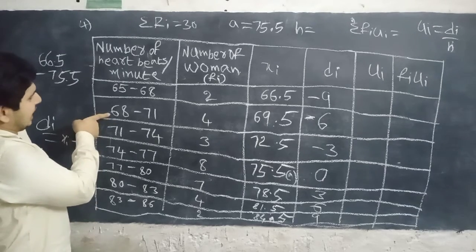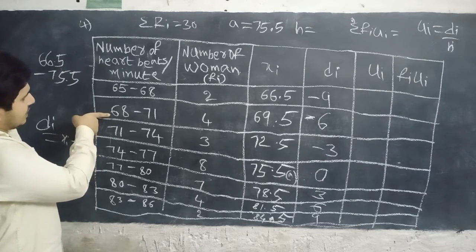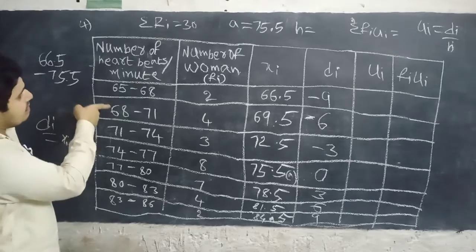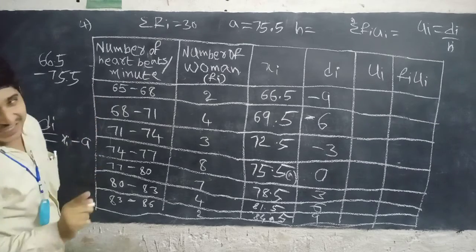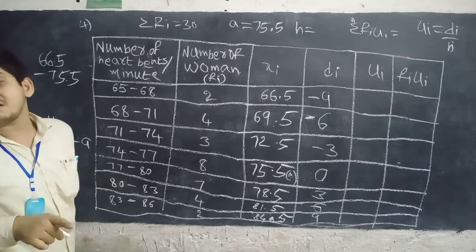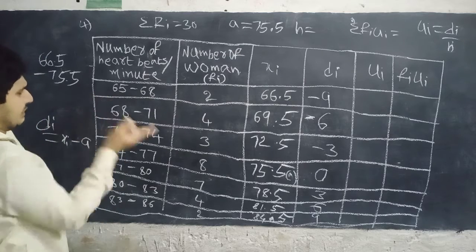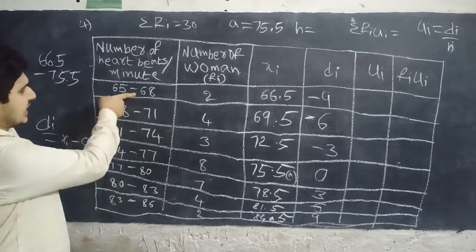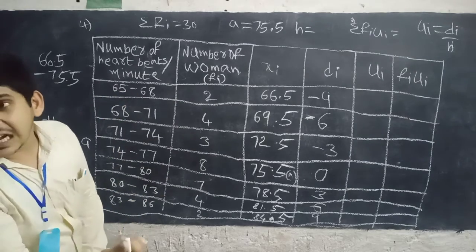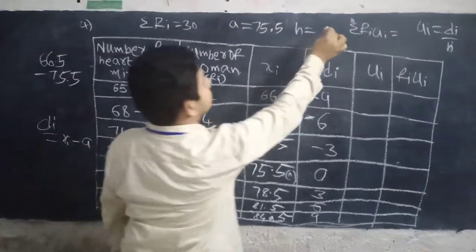What is the height of the car? The difference between any two boundaries of the car. That may be either lower boundary or upper boundary. So 68 minus 65 is 3. 71 minus 68 is 3. Okay? So height equal to 3.